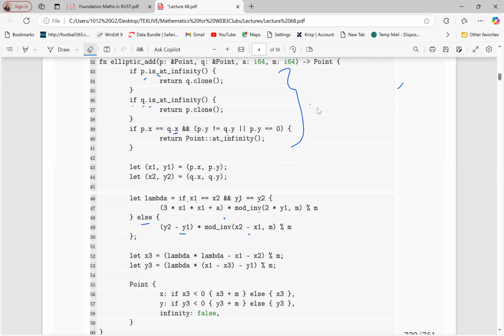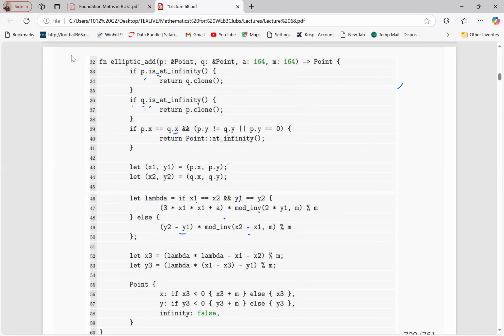Now, after getting the gradient, we proceed to get x3 and y3. And x3 is supposed to be gradient square, gradient times gradient, minus x1 minus x2. Then the result, reduce it mod m.